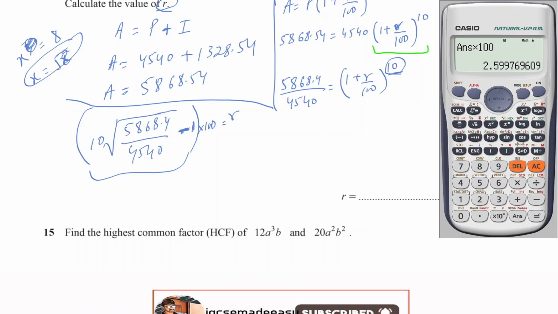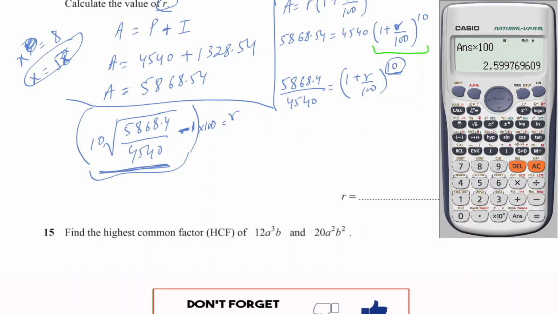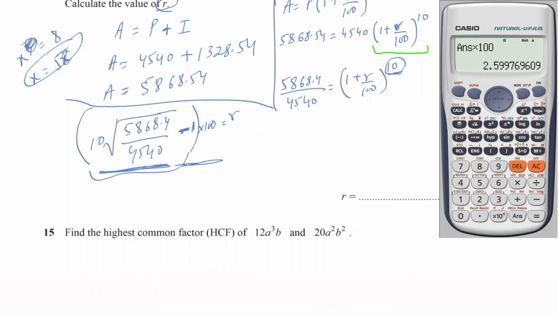Got it? So finally I land with the answer r equals 2.59 something like that, and we can round it off to 3 significant figures.